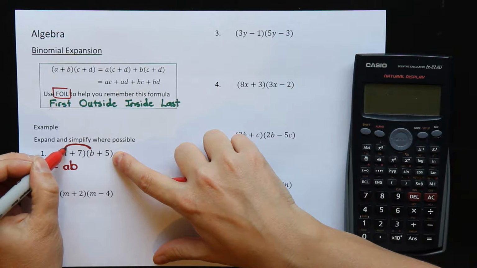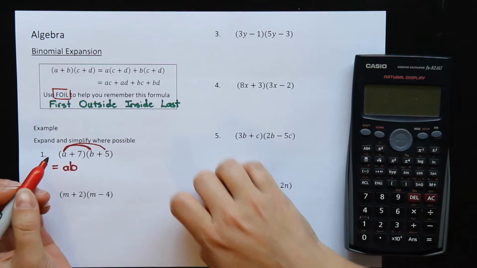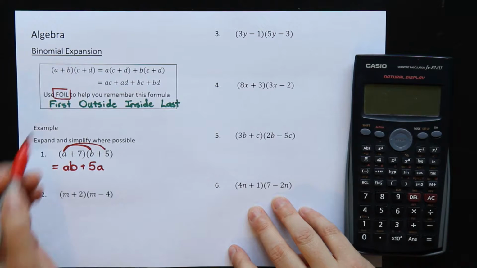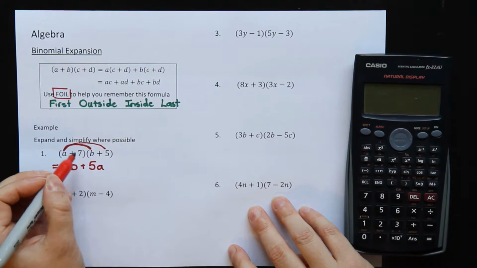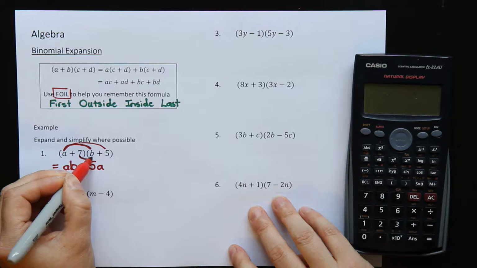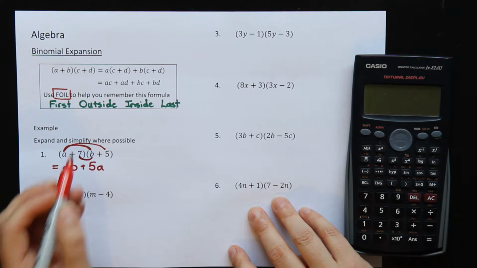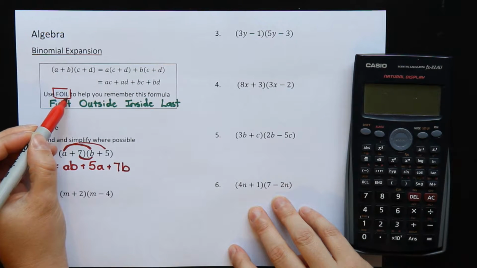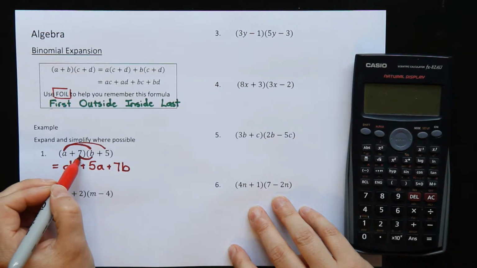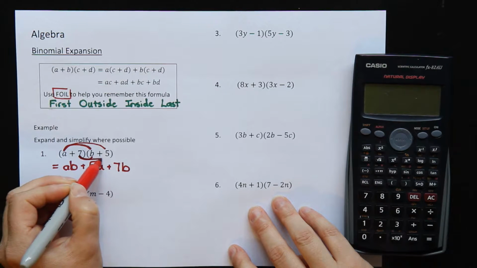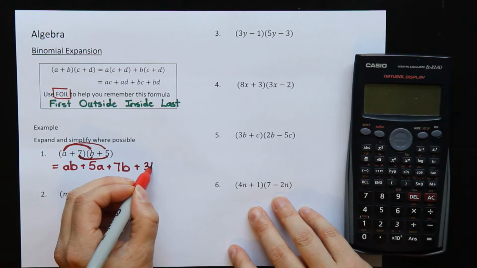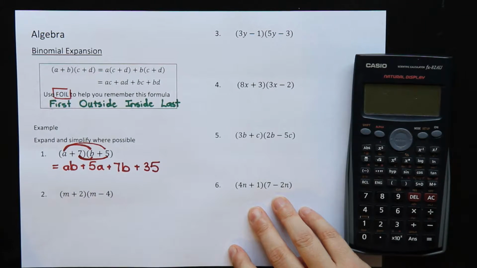So in this case, it's the A times 5, which is 5A. The I in FOIL stands for inside. The two things in the middle is the inside. So 7 times B is a positive 7B. And the L stands for last, the last thing in each bracket. The last thing in the first bracket is the 7, the last thing in the second bracket is the 5. 7 times 5 is 35. And that is an expansion using FOIL.